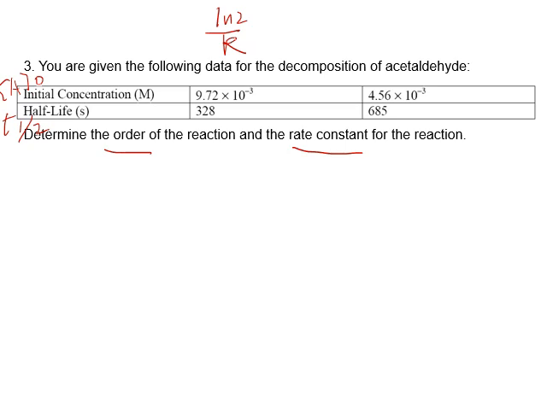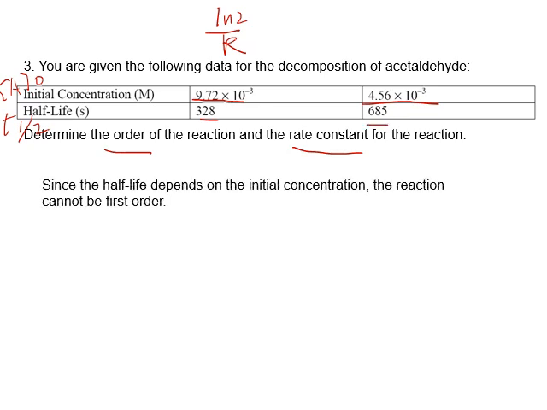Now here, when you change initial concentration, the half-life also changes. That indicates this cannot be a first order reaction. Now the second order reaction says the half-life should be 1 divided by K A naught. In other words, the half-life should be inversely proportional to the initial concentration.